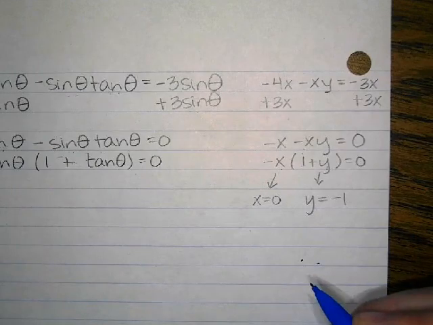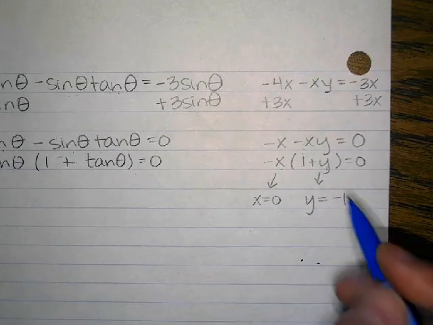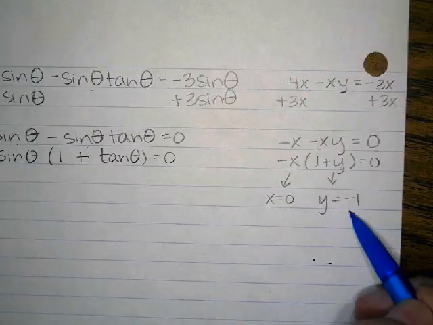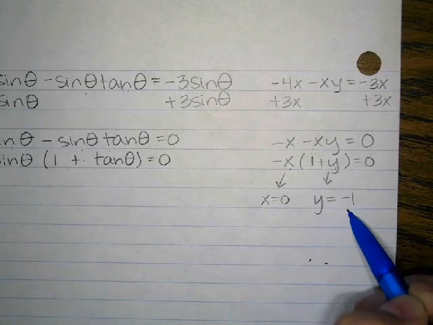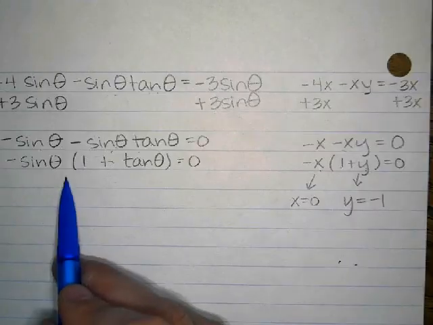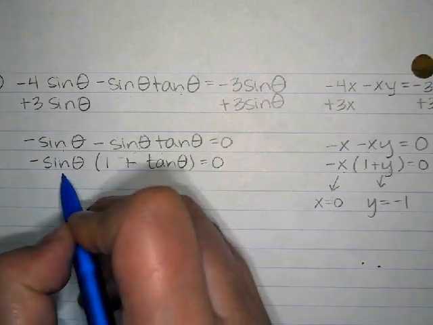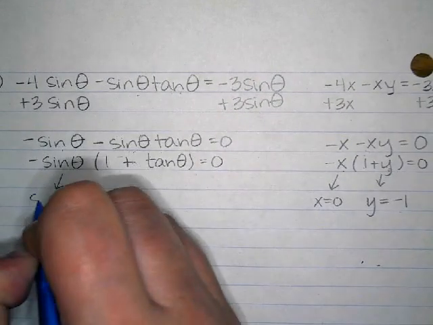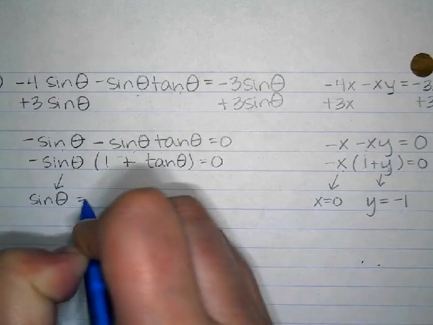Okay, so let's go back over here and let's solve it with trig. So here we have sine theta equals what? 0. And here we have tan theta equals negative 1.